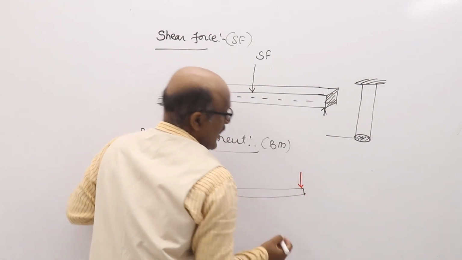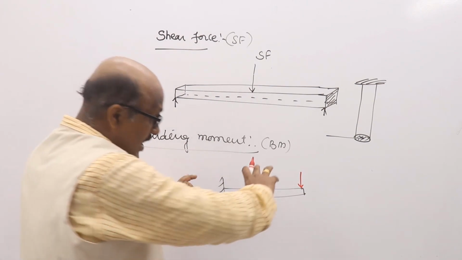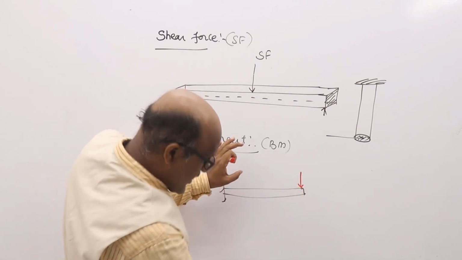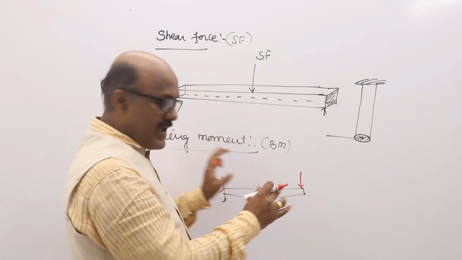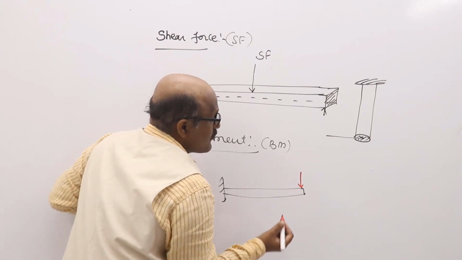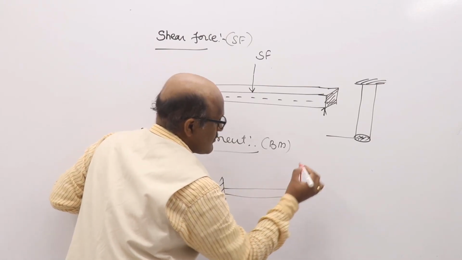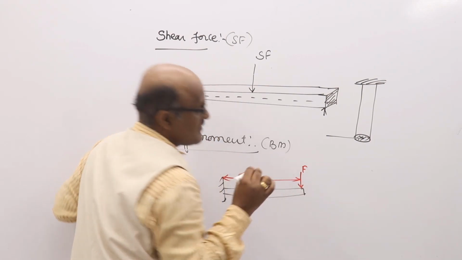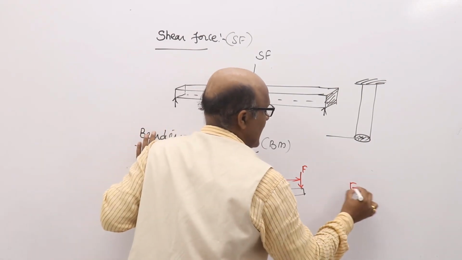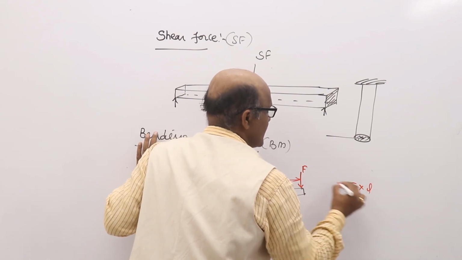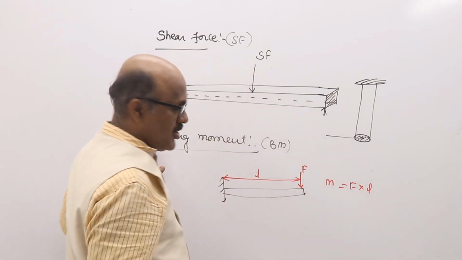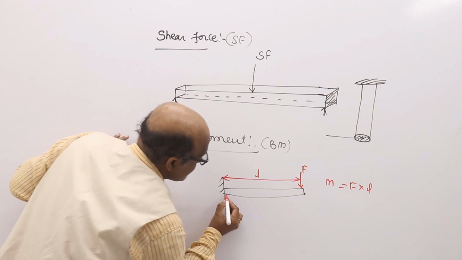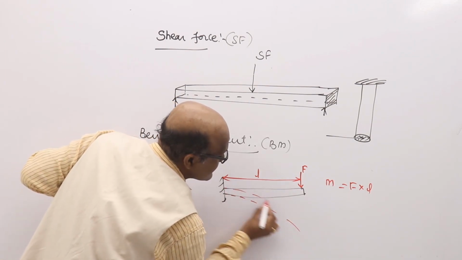see here, because of this force, the beam tries to rotate like this. With a magnitude, the force is this one, the perpendicular distance is this one. Force into perpendicular distance equals moment. So due to this load, the beam may be bent like this.